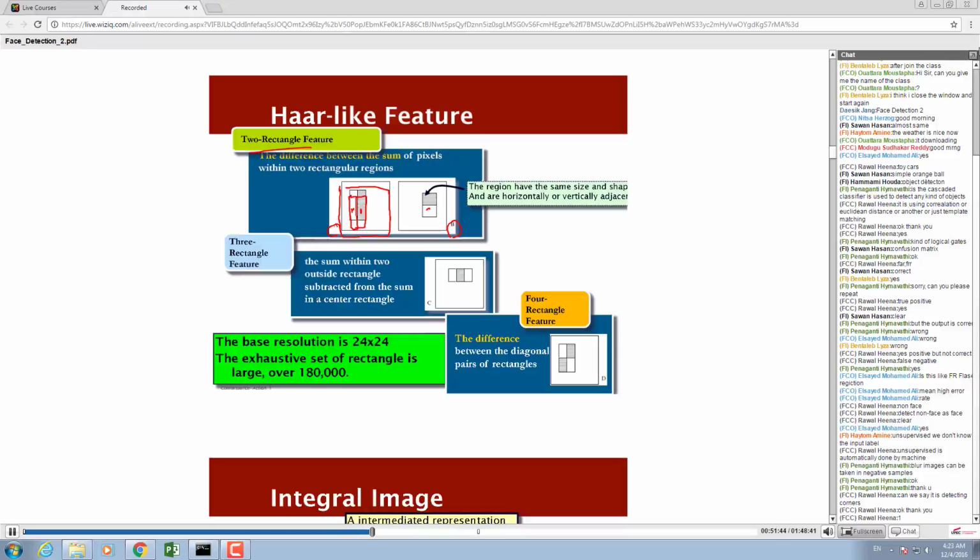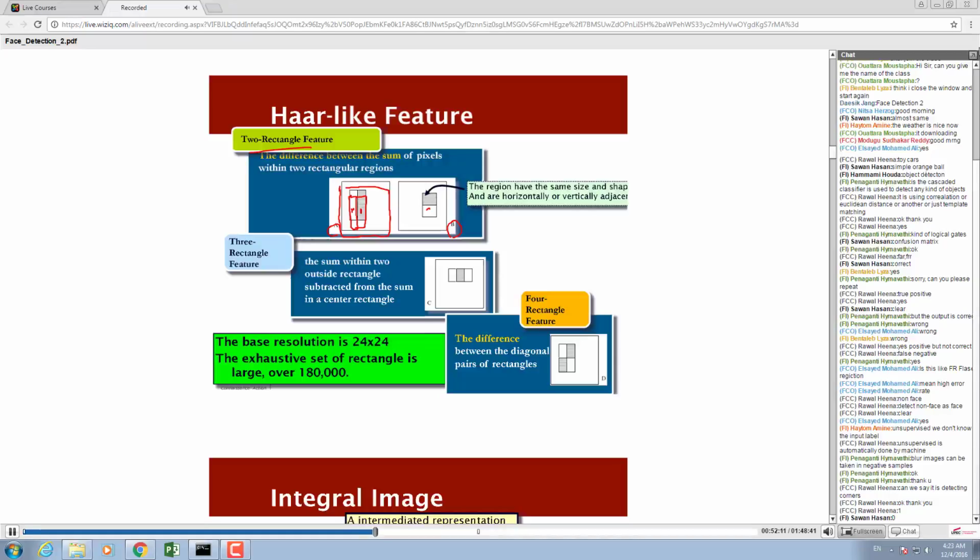Can you guess? Can you calculate it? One? Okay. Any other answer? We are assuming the size of white and black regions are the same. Any other suggestion? No? Okay. So when we apply this feature on top of the white region, yes, the answer is 0.